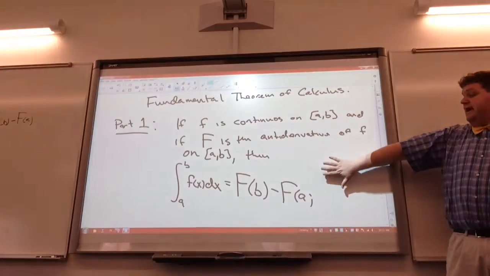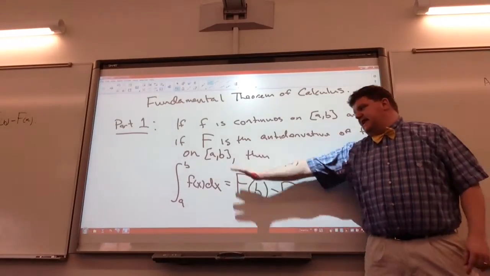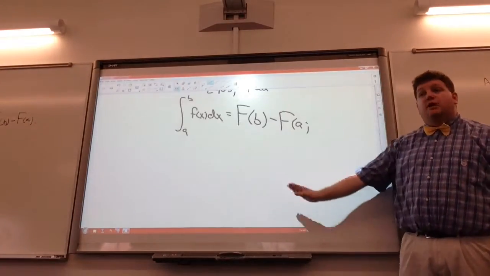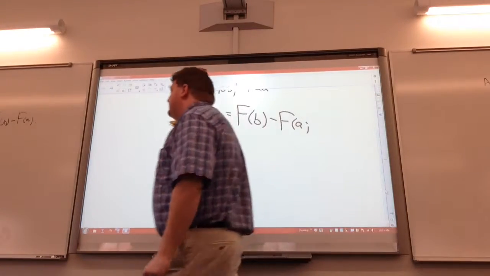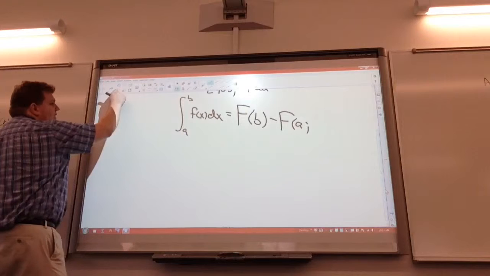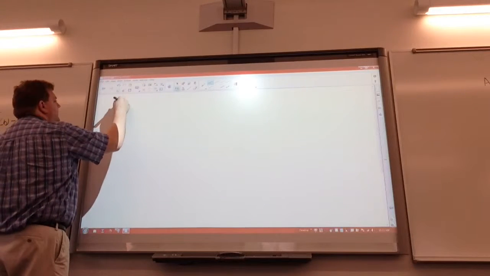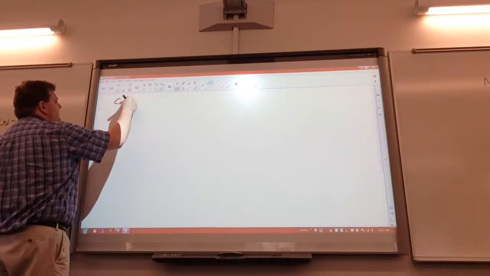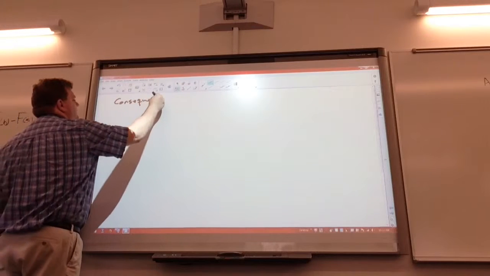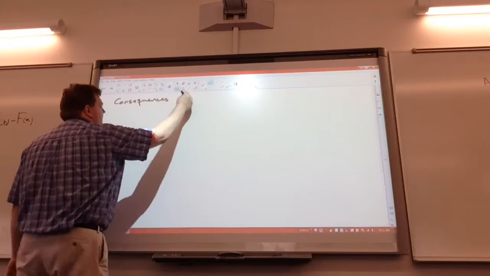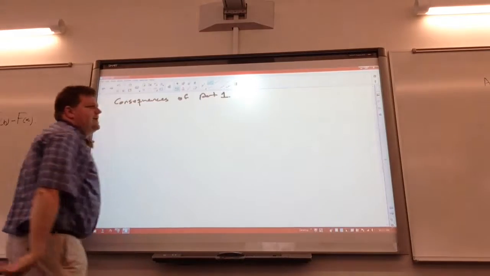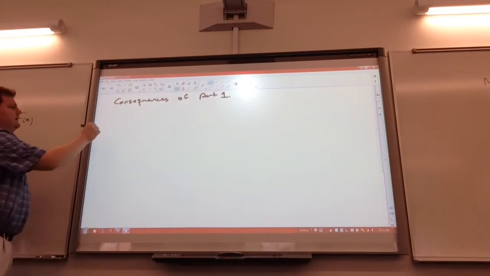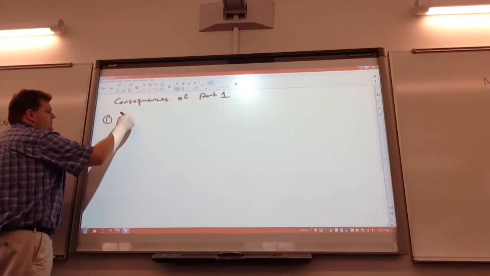Okay, so this one's fairly easy because it's equal to something that we've seen before and we've done work with already. Part one is easy. Now the consequences of part one, basically things that you kind of get from that. The first one is average value of a function.